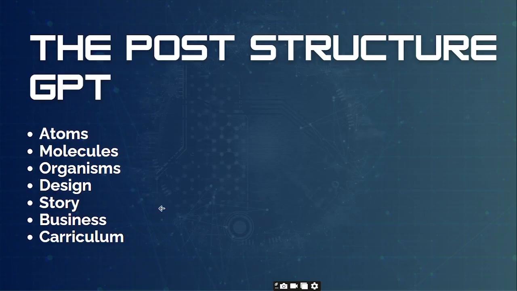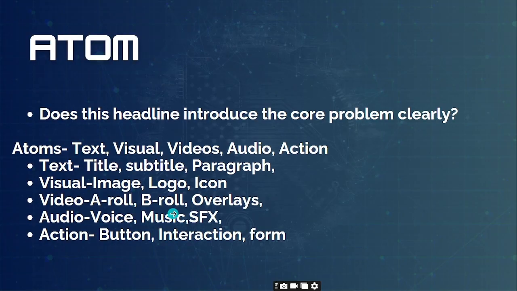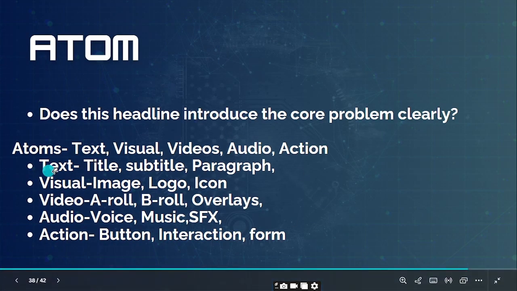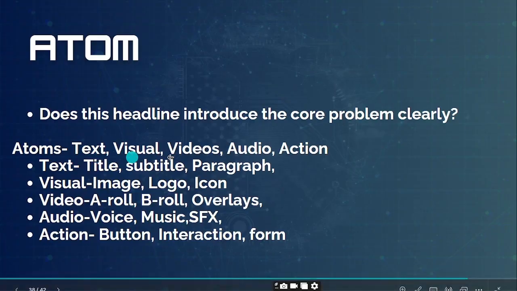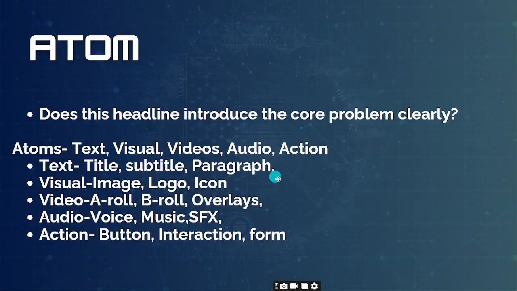In the previous videos, we saw some of the items. Let me show you again. You can see the items are text, visuals, videos, audio, and action. In text, first you should have the title, a subtitle, and a paragraph. In the visual section, you will have images, logo, icons, and all the visual storytelling that I discussed so far.